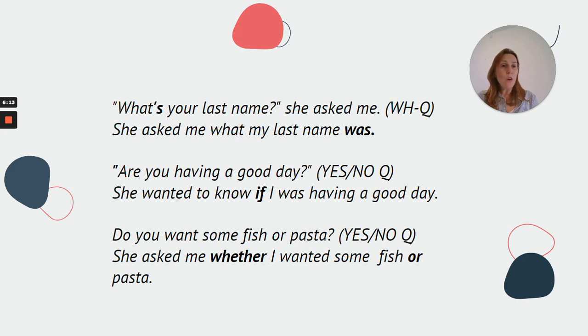But we also learned that when we have two options in yes-no questions, we use "whether." "Do you want some fish or pasta?" She asked me whether I wanted some fish or pasta. So we don't use "if" in this case, we use "whether."